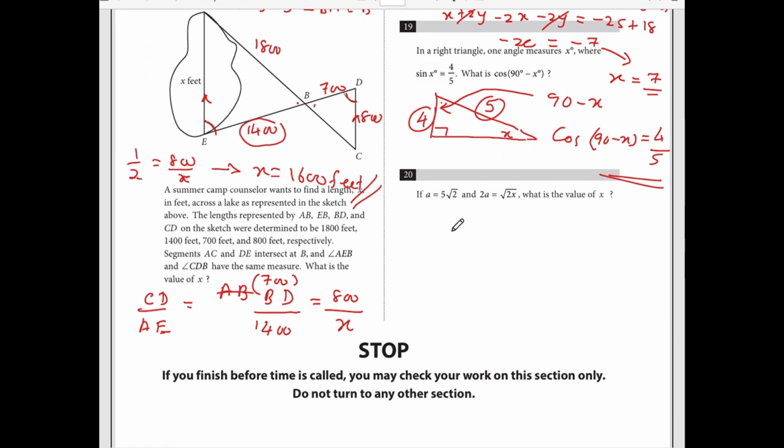Last question of the day. a equals 5 root 2, and second equation 2a equals root 2x. If we get the square of both sides, 2a to the power 2 equals square root 2x to the power 2, which is 2x.